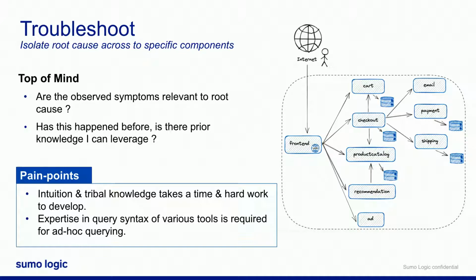The top of the mind things here are probably, A, are the observed symptoms that he found during the monitor and diagnose stage relevant to the root cause? And B, has this type of issue happened before? And are the observed symptoms similar to the earlier issues that happened in the past?